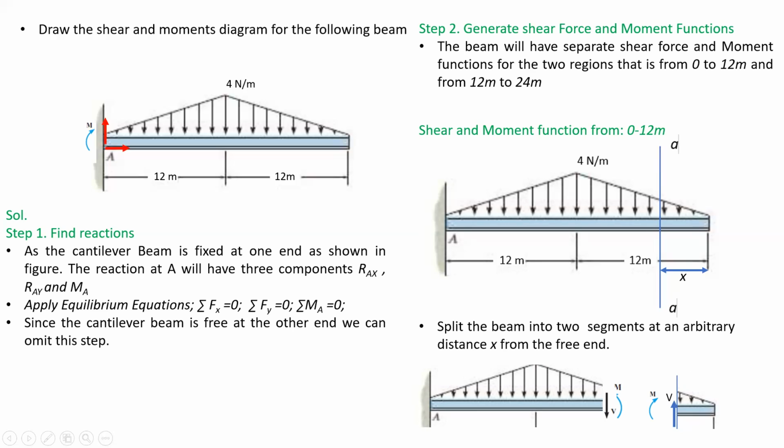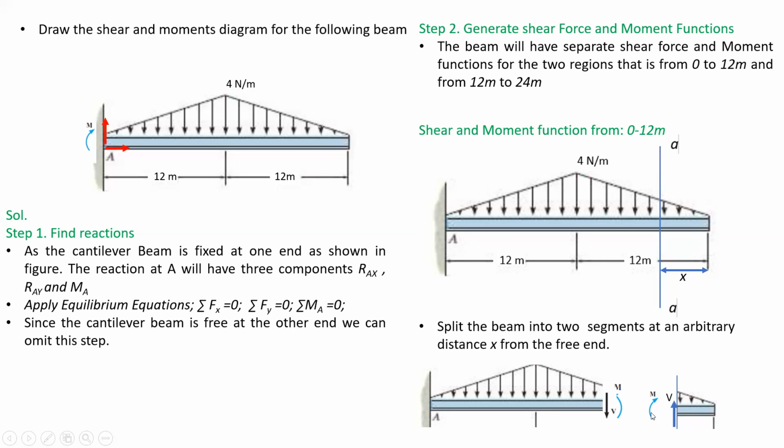Now, if we concentrate on the right segment, the equilibrium free body diagram of the right segment is shown here. We can see that there is a uniformly varying load acting on the right segment. This uniformly varying load will generate a total downward force as well as a moment. To counter this, the left segment is exerting internal forces on the right segment.